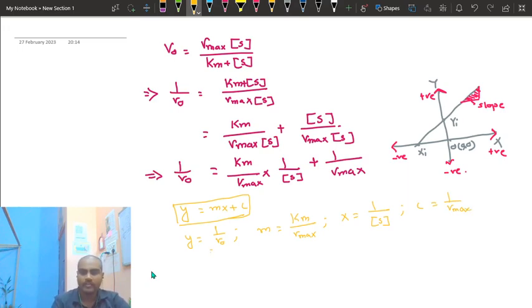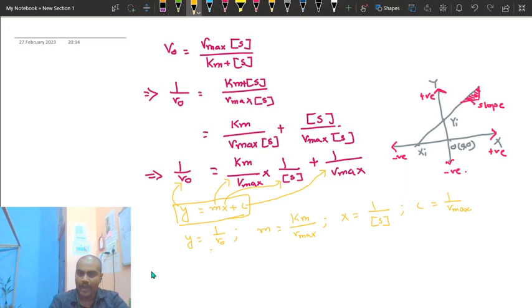You can see that this one is y, that is 1 by V0, this one is m, that is Km by Vmax, this one is x, that is 1 by [S], the substrate, and the value of c is 1 by Vmax. All these values I get from the Michaelis-Menten equation, right? I just have to put the values of y, m, x and c in their appropriate positions.